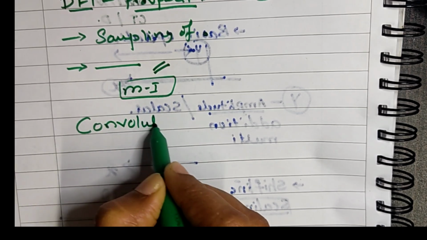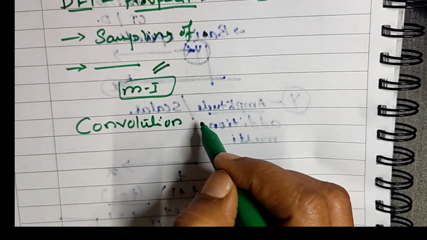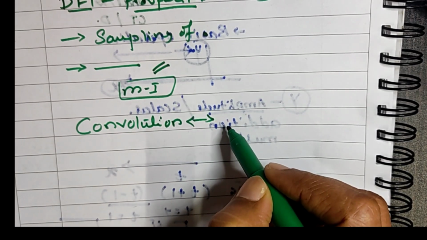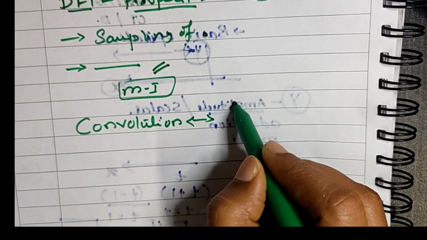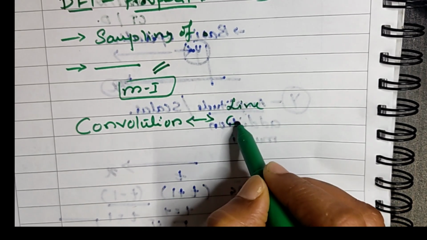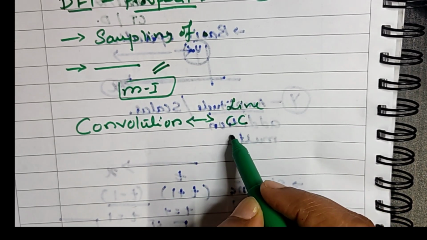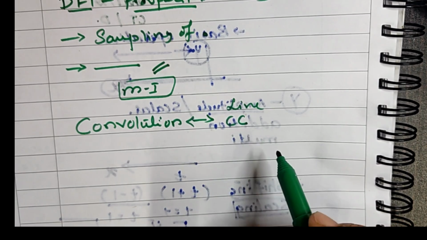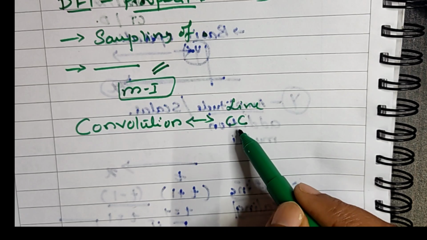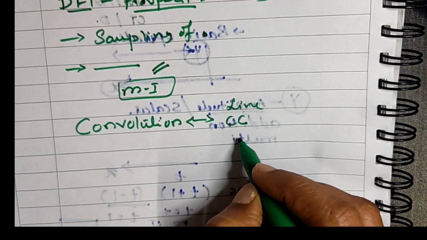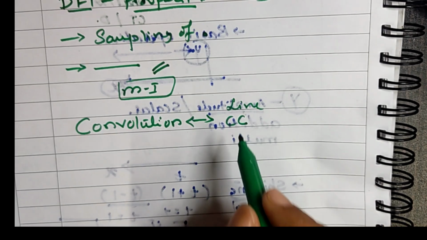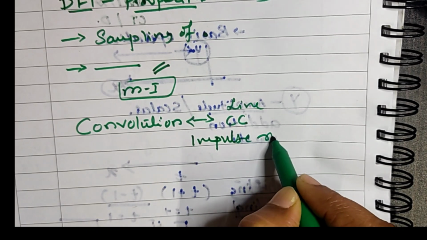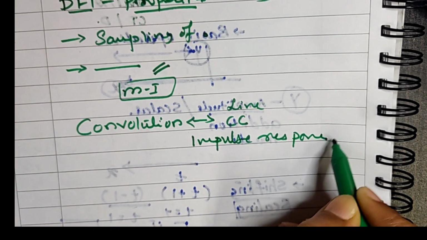So, simple convolution, and we have linear convolution, then circular convolution, and in this we also have its solutions with respect to linear and circular convolution. And again we have impulse response representation.